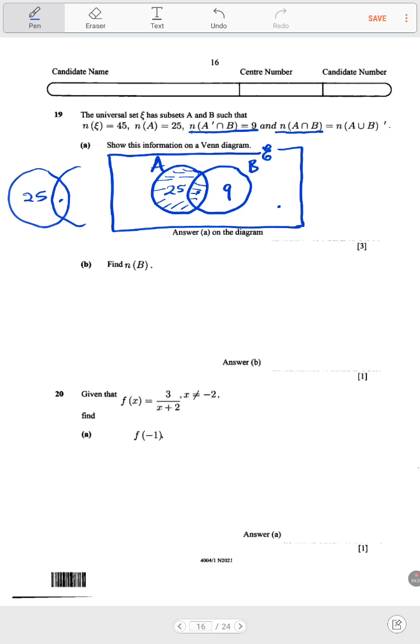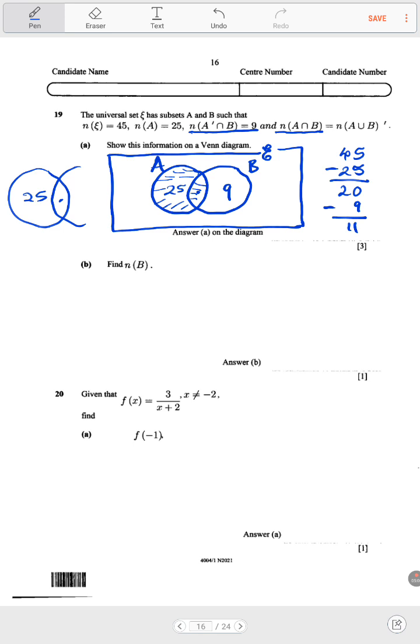Then we can subtract 25 elements in set A and we remain with 20, so it means outside these two sets we have 20. So we have subtracted elements of A. Now we are going to subtract this 9 again. So we subtract 9 and we end up with 11.